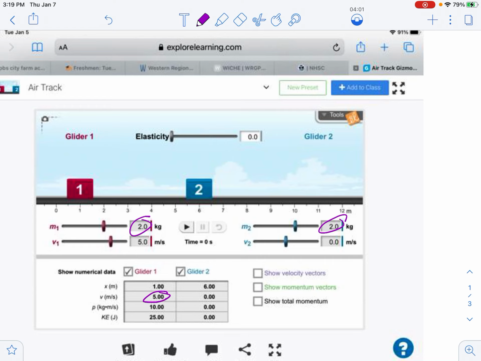The other thing I changed was this little slider right here. When we were working with this in class, I had it all the way up here at 1, but now I've moved it all the way down here, so the elasticity is 0. What that means is that these two things are more solid. They are less likely to bounce, okay? They're more solid.